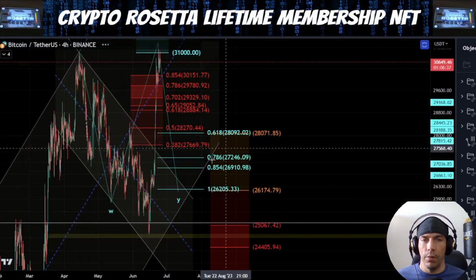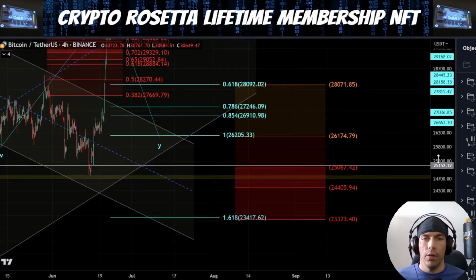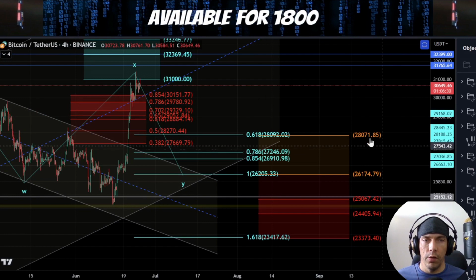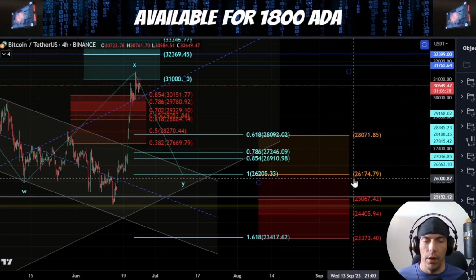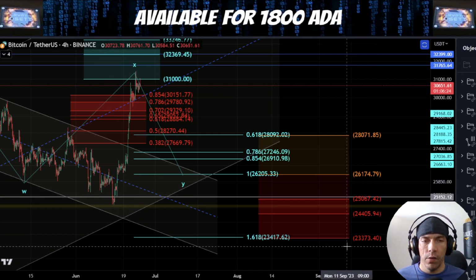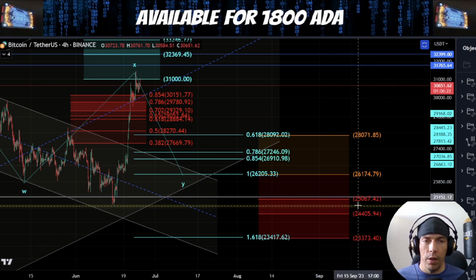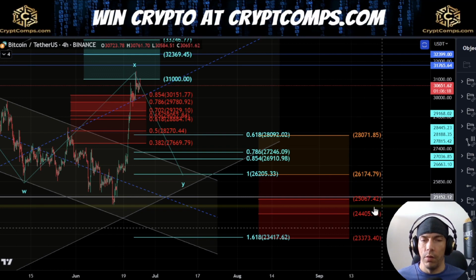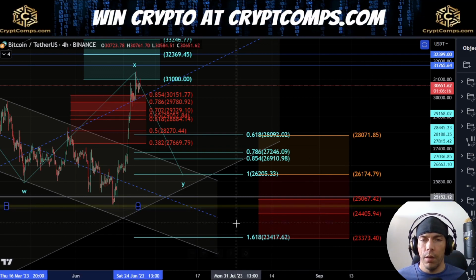Now, if this is a bigger flat correction, what we'd be looking for would actually be these targets here, where we are looking for the potential that price could come back down into this 1-to-1 here, which would be a running flat at this 26,174, and then we have this expanding flat area here, which would be between this 25,000 and this 23,373 level. So gonna have to be keeping an eye on that.